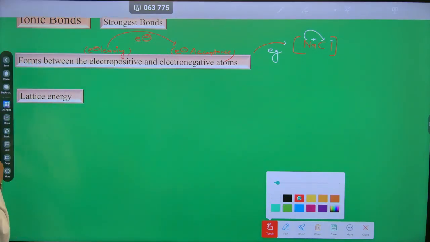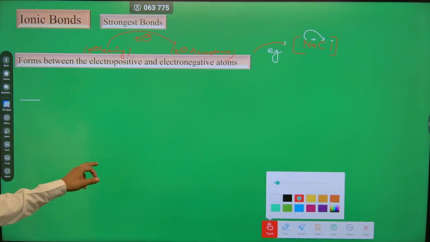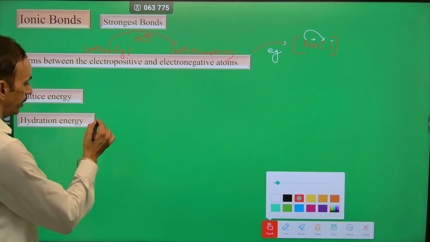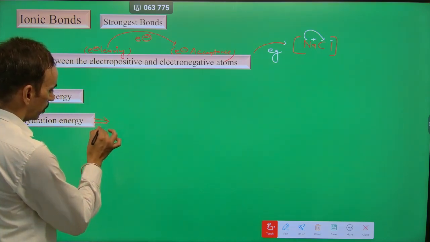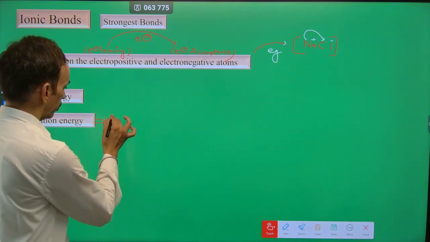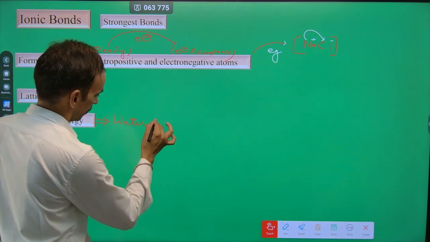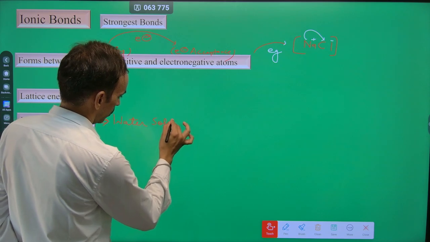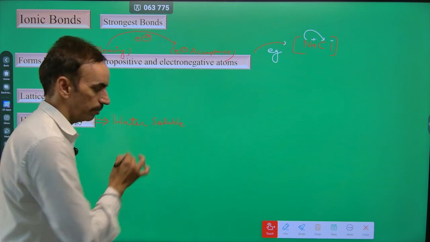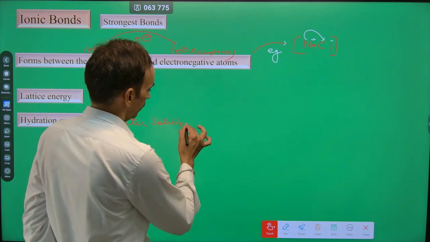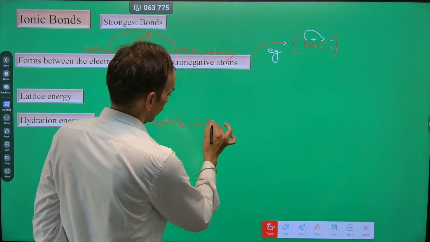Another type of energy here is the hydration energy. Ionic compounds are water soluble, and they make the water conduct electricity, meaning they act like an electrolyte.